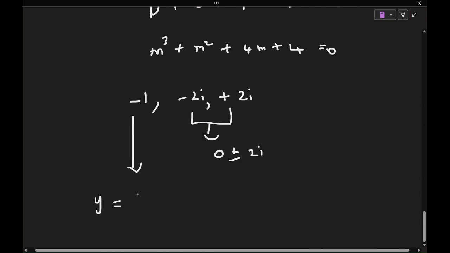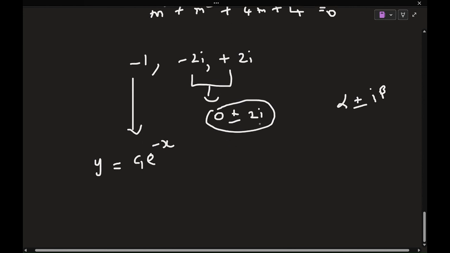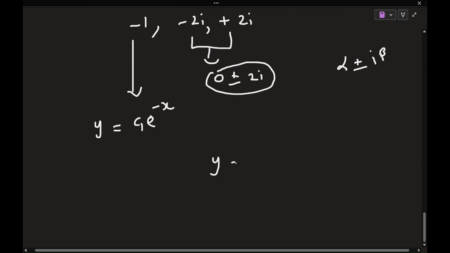Now if I take the solution of this, since it is a real and unequal root, I can just write the solution directly as y equals c1 e power minus 1 into x, which is minus x. Now for this part, which is in the form of alpha plus or minus i beta, I know alpha is 0 and beta is 2, so I substitute it in my formula: e power 0 into x, c1 cos 2x plus c2 sin 2x.